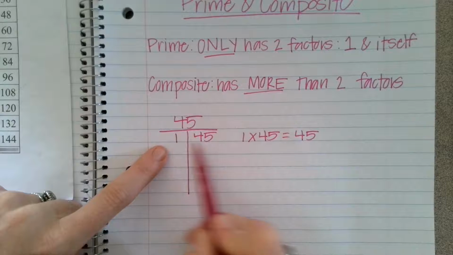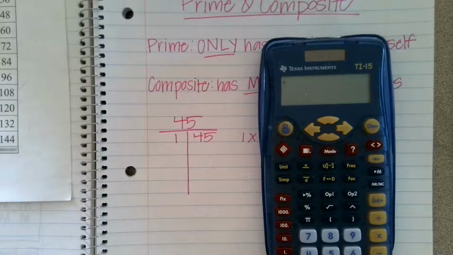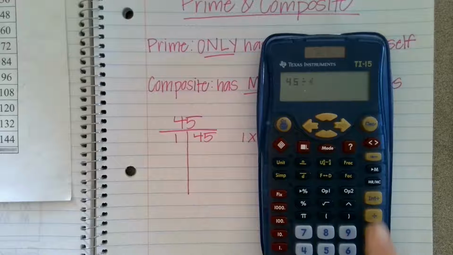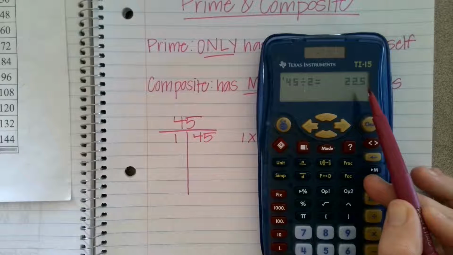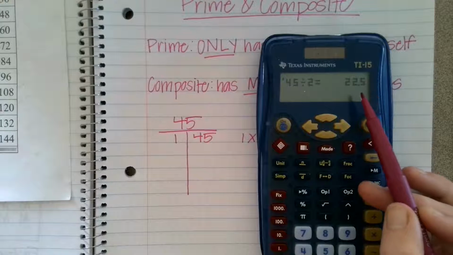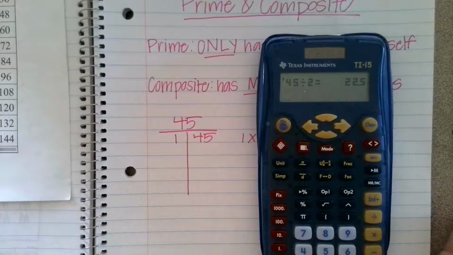So I said 1 times 45. Now what I'm going to do is type in 45 divided by 2. Hit enter. And I get 22.5. Because I have that decimal, I know that 2 does not go into 45 equally. 2 is not a factor of 45.